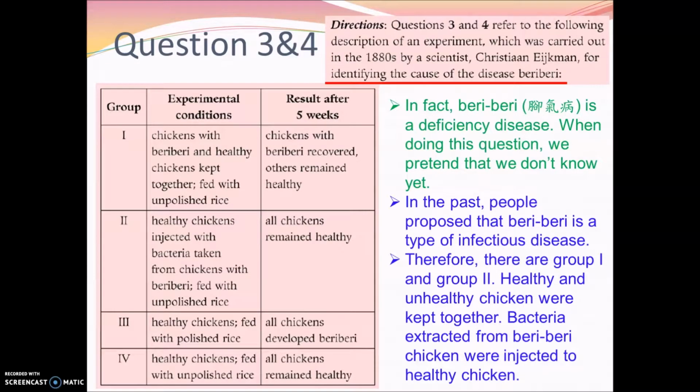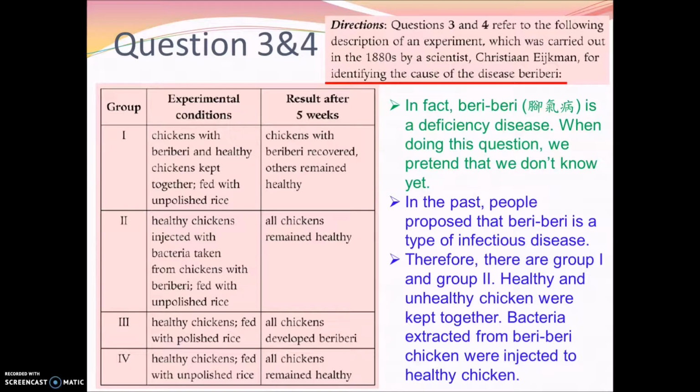So for questions 3 and 4, we talk about them together. For this experiment, we are talking about beriberi, which is in fact a deficiency disease. But when doing this question, we pretend that we don't know yet, because in the past, people proposed that beriberi may be a type of infectious disease. So that's why we have group 1 and group 2.